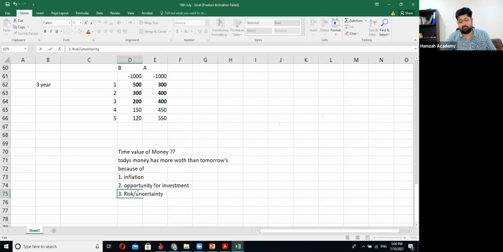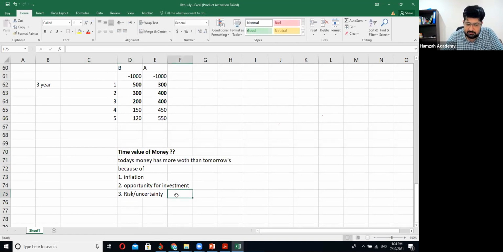So today's money is worth more because of these three factors.